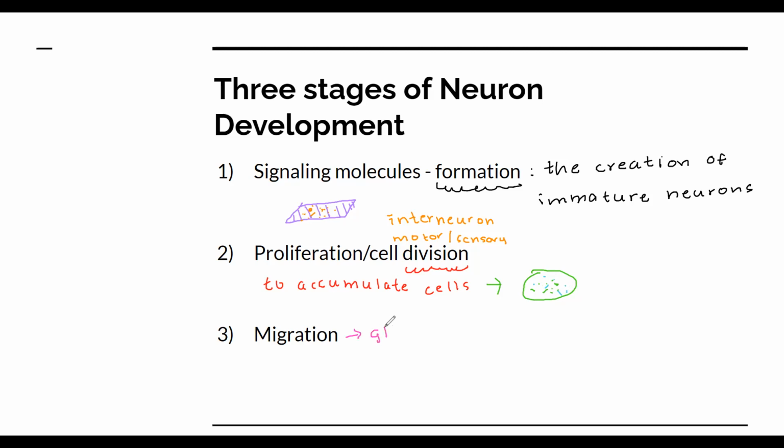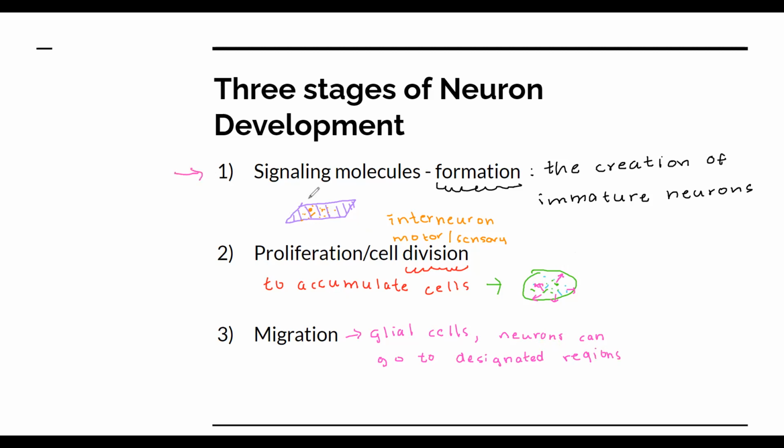So using glial cells, the neurons migrate from the inner region to the outer region, outwards, outwards, outwards, all the way so that the neurons can go to the designated regions. Okay, so these are the 3 stages of neuron development.